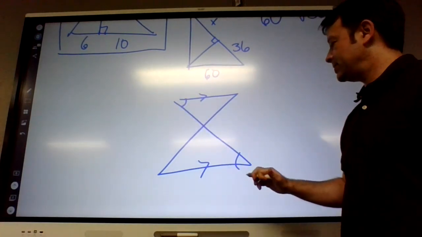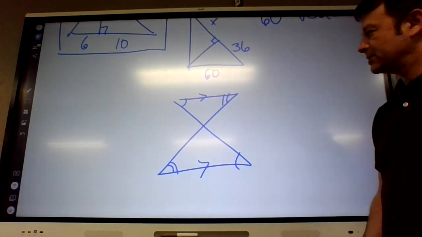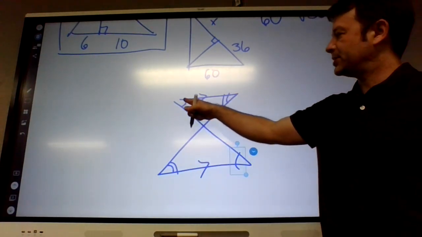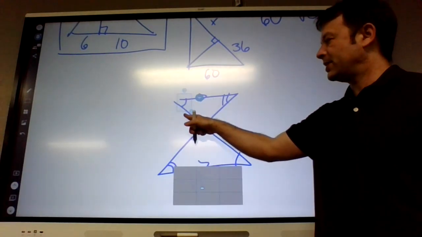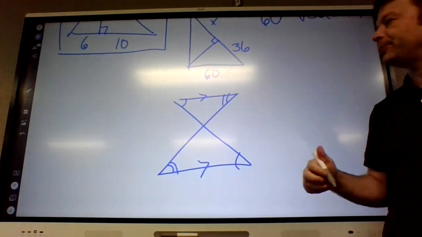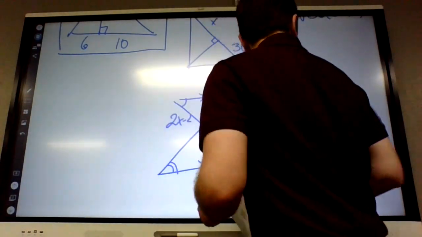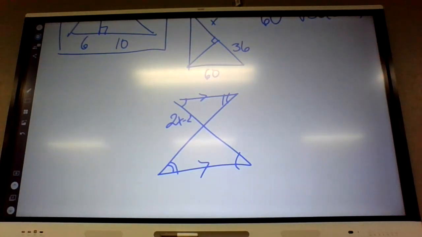Yeah, the alternate interior angles are congruent. So that means that if this angle goes with this angle, then this side goes with this side, and vice versa. So it's a twisted bow tie. We've had a couple of those already, but in other words, the 2x minus 2 should go with the 15, not the 20.